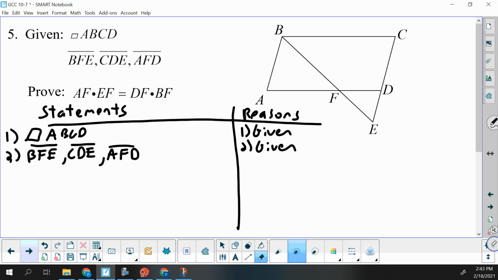We're going 2 extra steps beyond that. We've got 3 triangles in our picture. Let's see which ones we want to get similar.